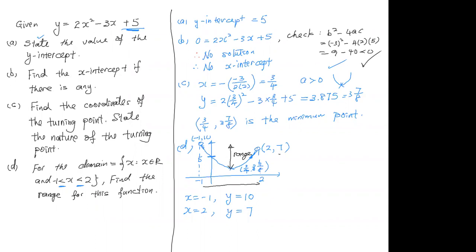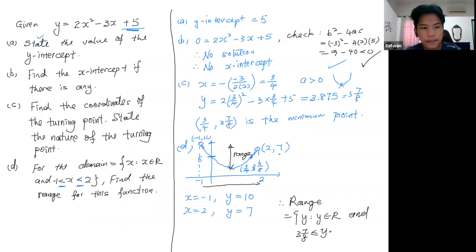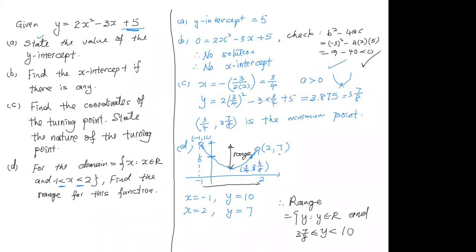So therefore, the range is y, y is a member of real number, and y lowest is 3 and 7/8. Highest is 10, but cannot have equal because your x cannot be equal to -1. So that is how you get your range, depending on the domain that is given.